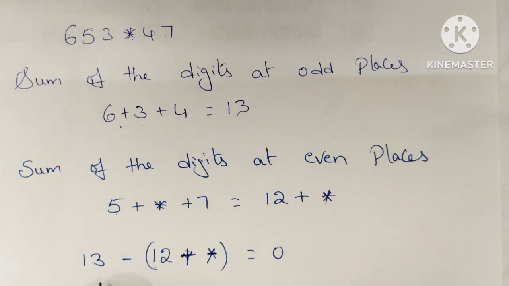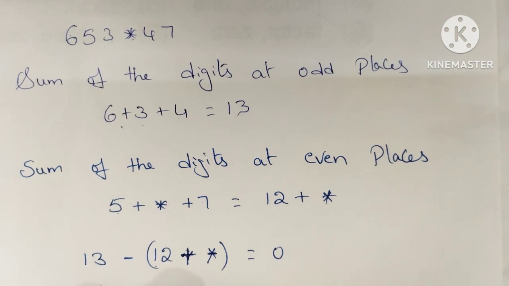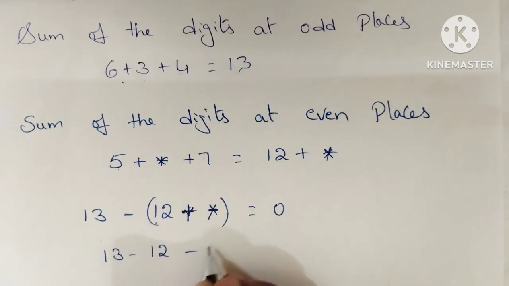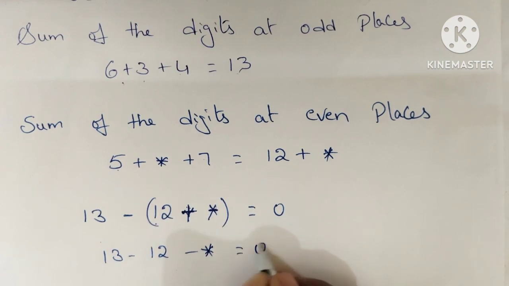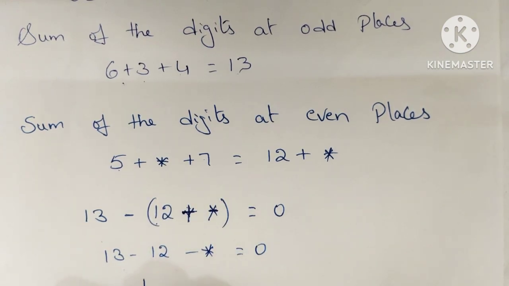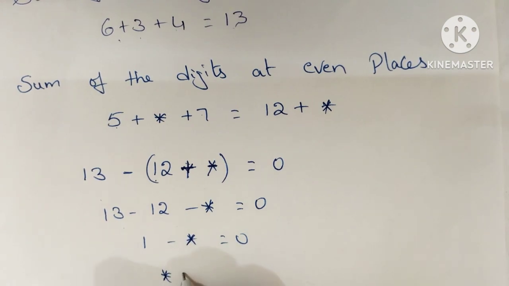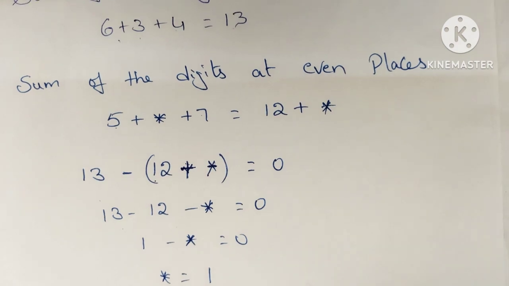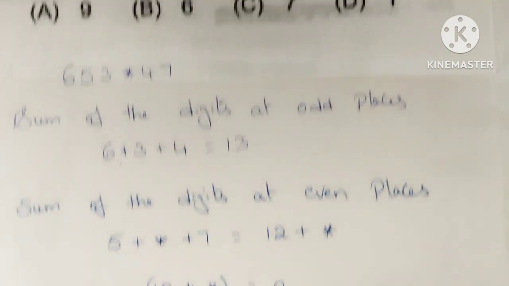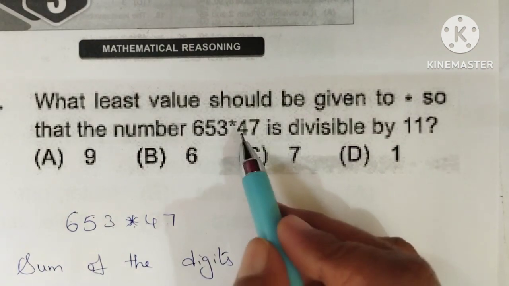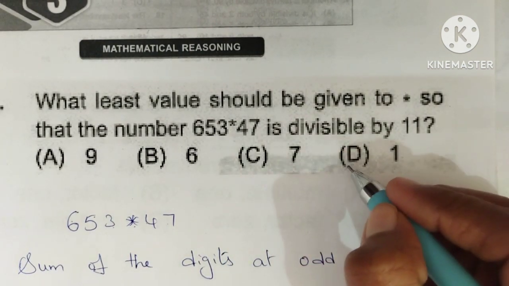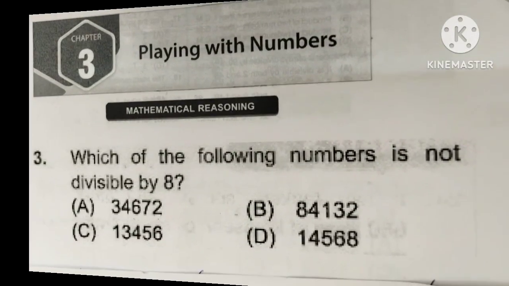Here 13 minus 12 minus star equals 0. So, 13 minus 12 is 1. 1 minus star equals 0. So, star equals 1. So, 1 is the least value we put instead of star. So, option D is the correct one.